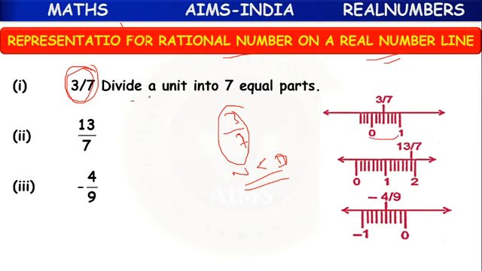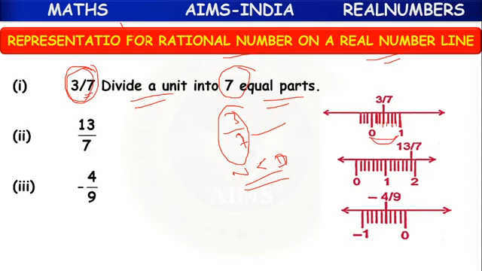This means we have to divide the unit value into equal parts of the denominator. Here the denominator is 7, so we divide the unit value into 7 equal parts: 1, 2, 3, 4, 5, 6, 7.